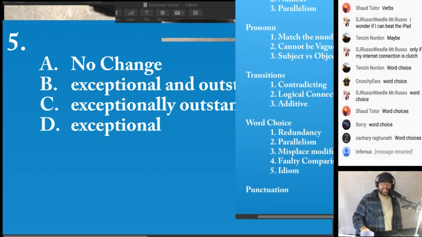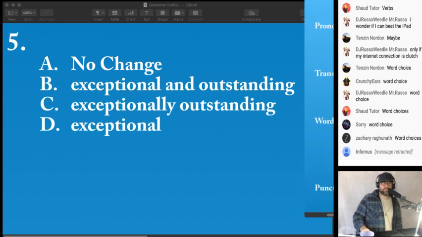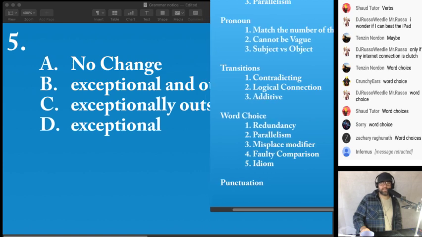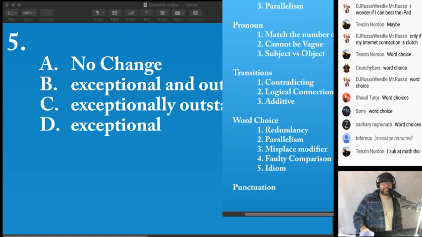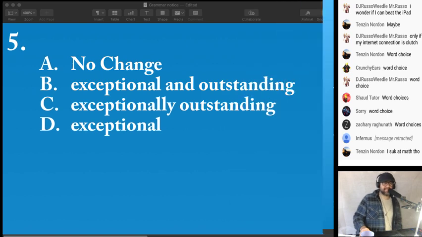What is the mistake with this one, probably? As far as word choice goes, what do you think is going to be the problem out of these 5 options? Just looking at the answer choices here, what do you think is going to be tested? Do you guys know?